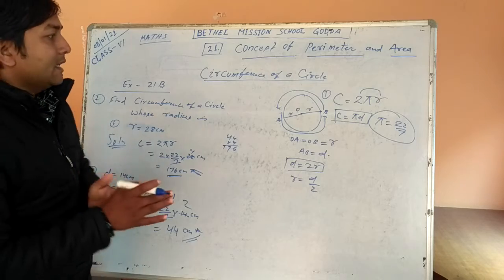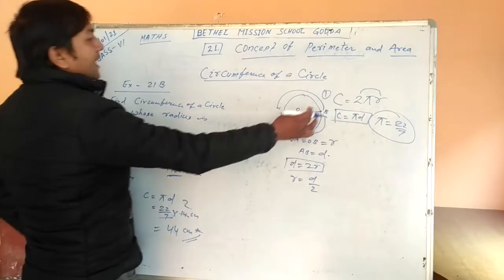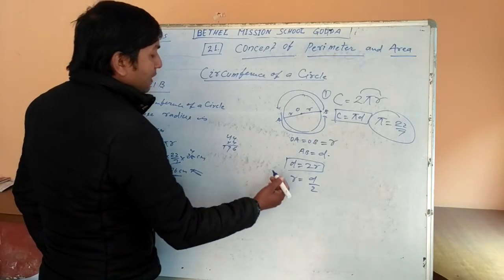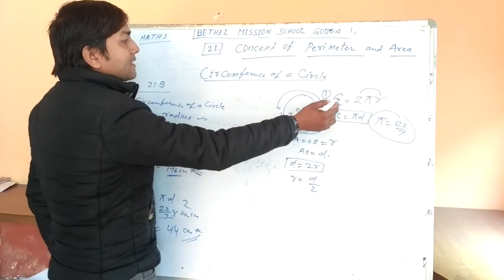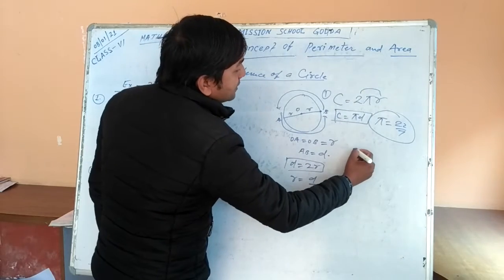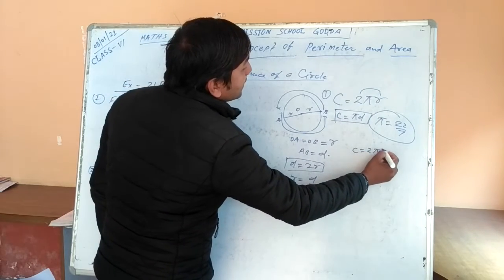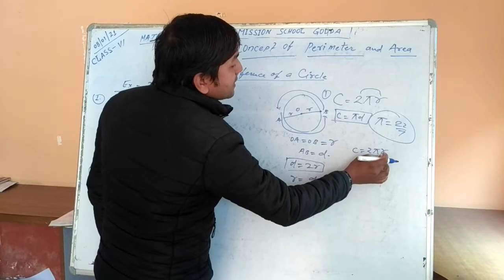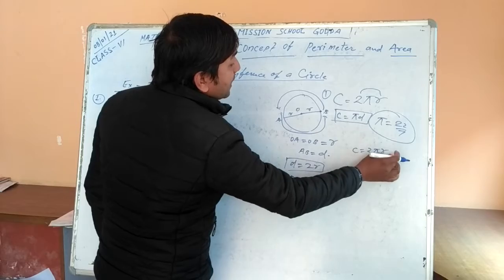Now we learn that when the circumference is given, you have to find the radius. Suppose that now I am showing you circumference here. Circumference equal to 2 pi r, C equal to 2 pi r, then r equal to what will be? 2 pi is multiplied with r.